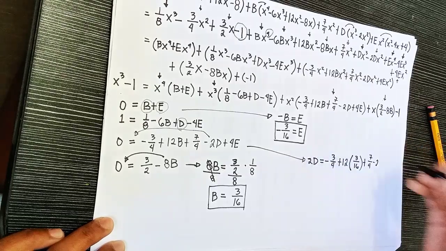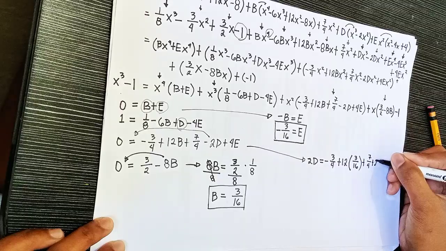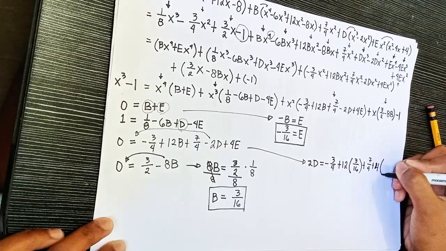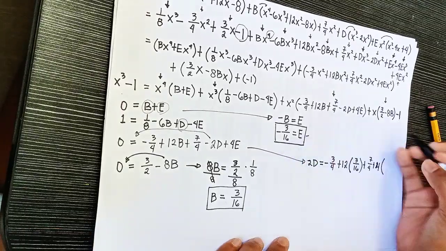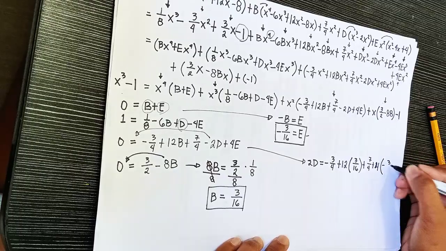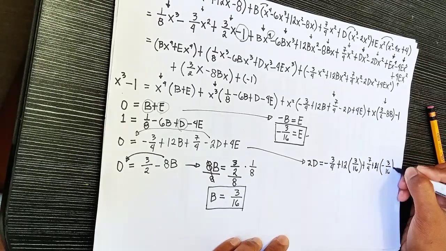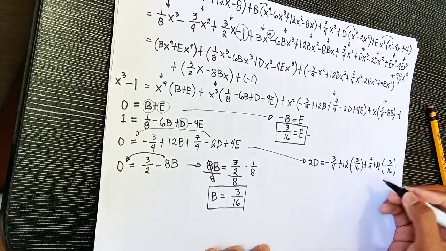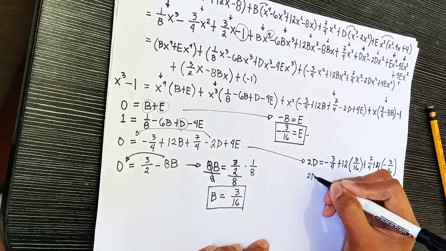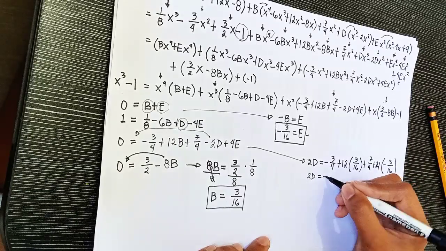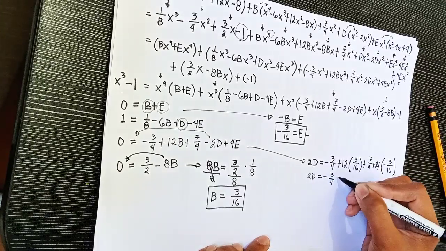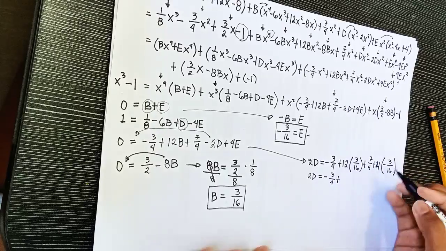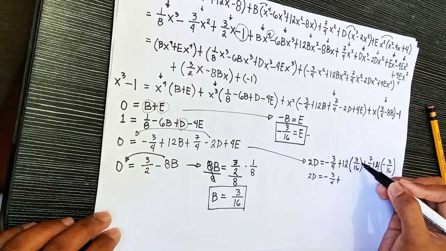The value of B is 3 over 16, plus copy 7 over 4, minus, since we already transposed 2D, plus 4 times the value of E, which is negative 3 over 16. In simplifying, we have negative 3/4 plus, multiply 12 by 3 over 16.